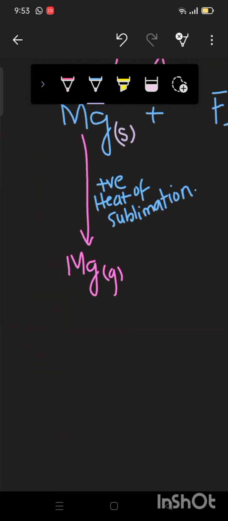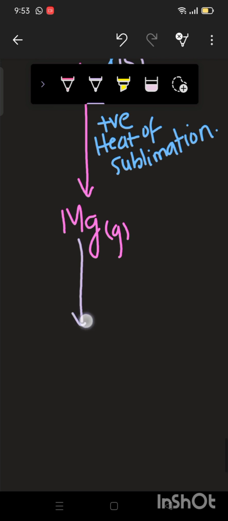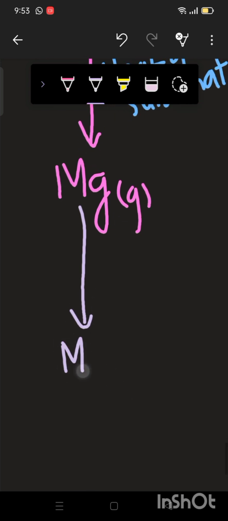Now we need to remove the electron from it in order to make it Mg plus first. Initially we'll be making it Mg plus, then Mg double plus, because we know that Mg is going to lose 2 electrons.